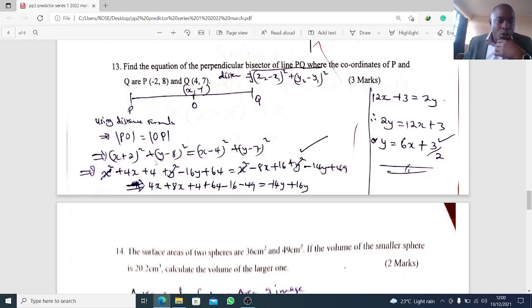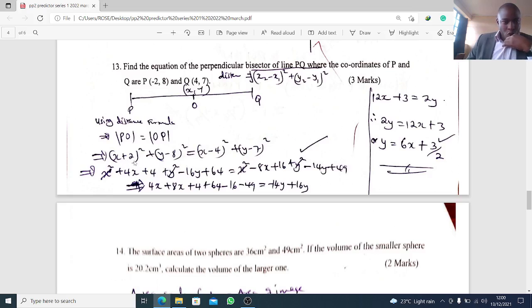That is how to find the modulus. Plus y minus 8 squared equals x minus minus 4 squared plus y minus 7 squared. The square root here and the square root here cancel, so we remain with this equation.